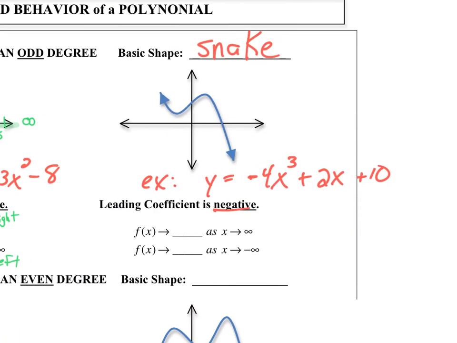And then when the leading coefficient is negative, all that means is that when you go to the right, the graph ends up going down at the end, and when you go to the left, the graph goes up. So the blanks would be: as x goes to positive infinity, the y value goes down.